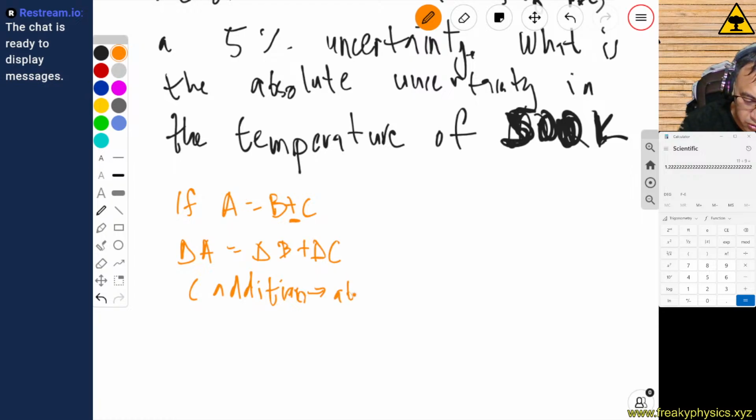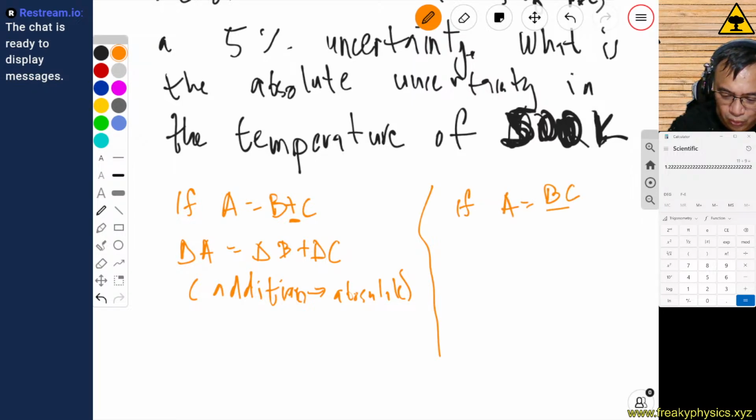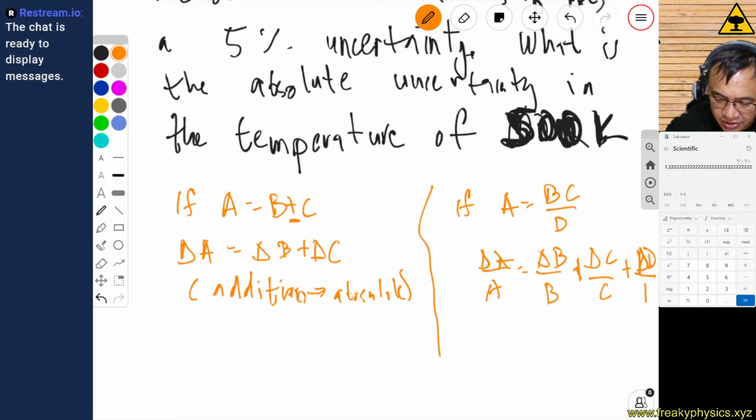Now, the other one: if A equals BC over D, then delta A over A equals delta B over B plus delta C over C plus delta D over D. Now, how do you memorize this? Even though this is in the data booklet, fractionals divide.